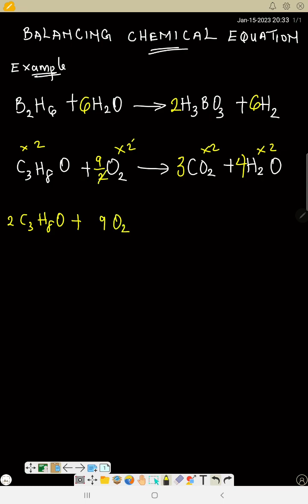Remember, if you multiply by 2, then this will cancel out. 3 CO2 becomes 3 times 2, 6 CO2. Then 4 times 2, 8 H2O. So everything is balanced. So that is how you can balance a chemical equation. We will see more questions in another video.